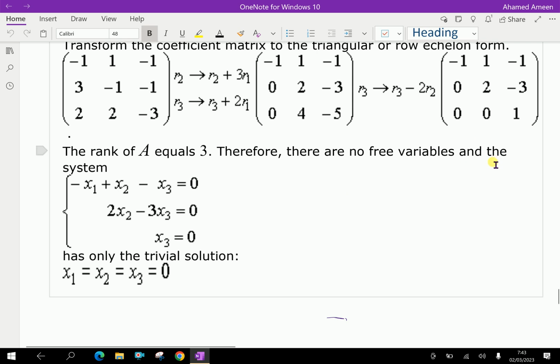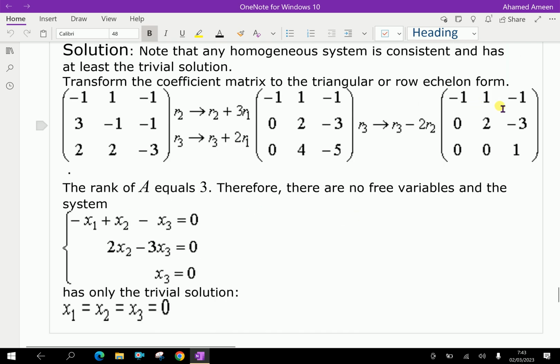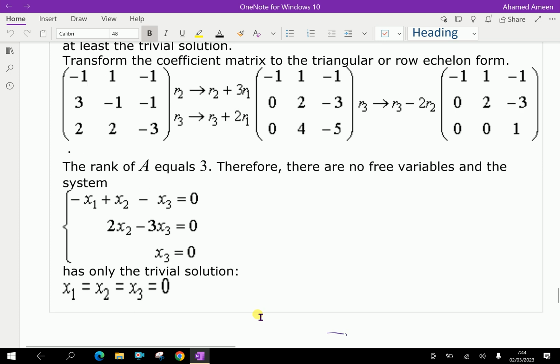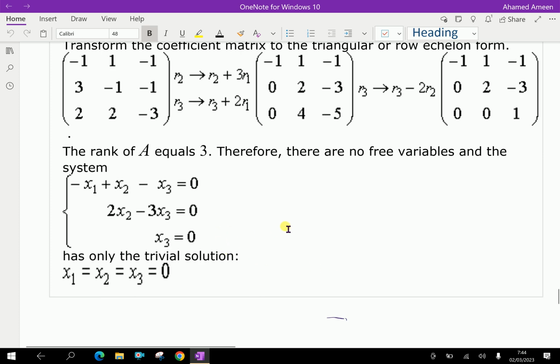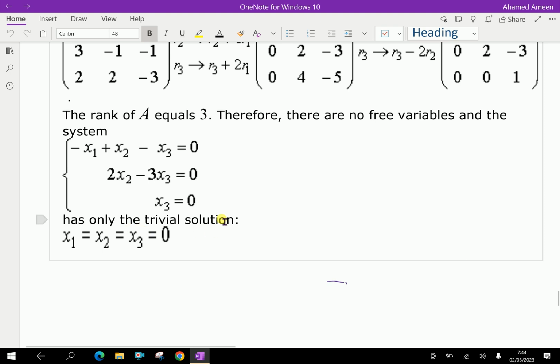We have minus x1 plus x2 minus x3 equal to 0, then 2x2 minus 3x3 equal to 0, and x3 equal to 0, because 1x3 equals 0. Then it has only the trivial solution. Substituting x3 gives x2 equal to 0, and then x1 equal to 0.